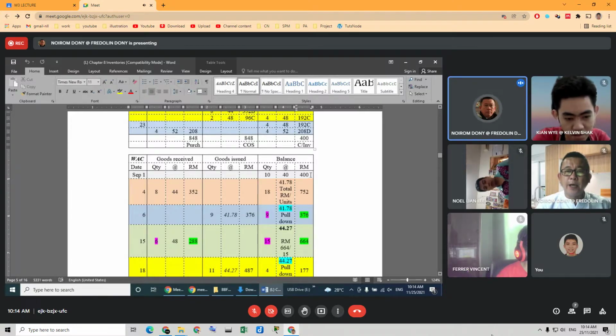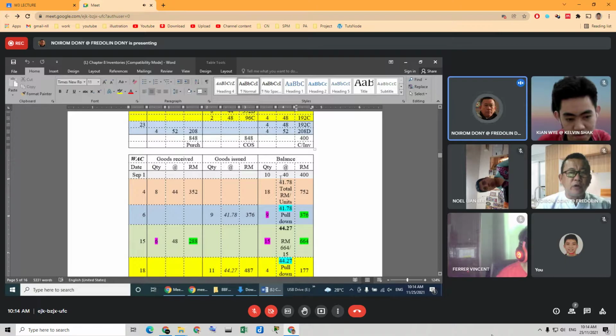And then the next one is purchases on the fourth. If you look at the question, we have purchases of 8 units at 44 ringgit per unit. So you record under receive.